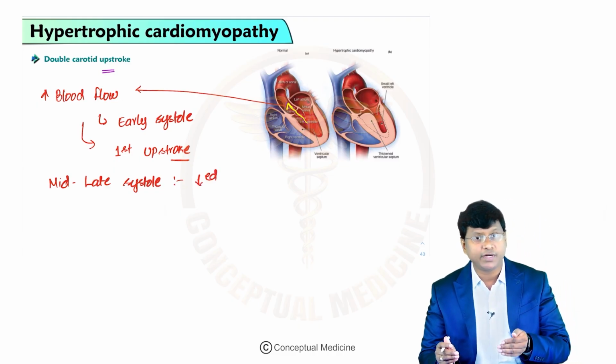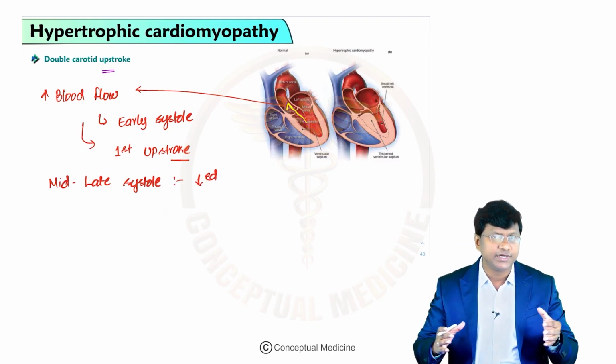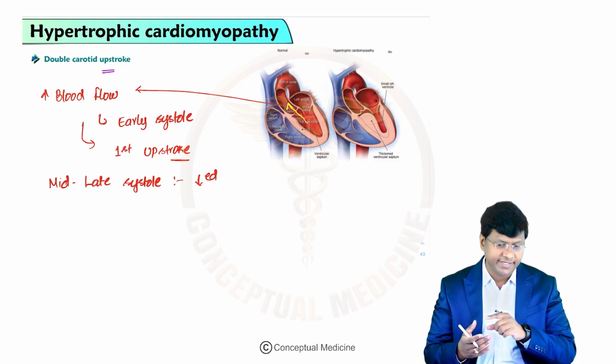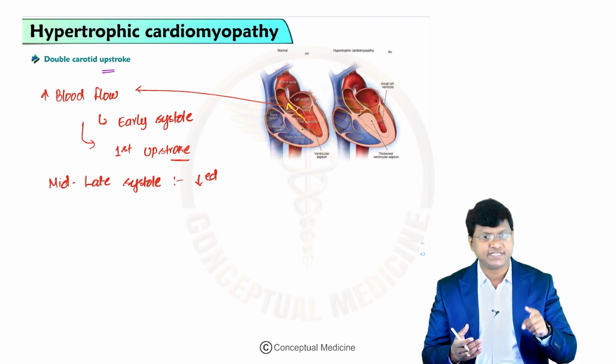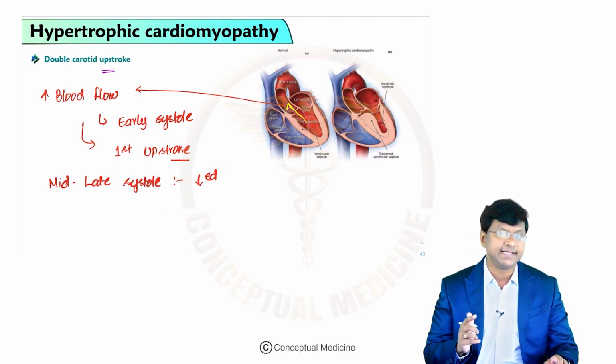Now, in order to overcome this obstruction, the left ventricle will try to increase its contraction, and thereby there will be one more rapid jet that goes into the carotid, and that gives rise to your double carotid upstroke.